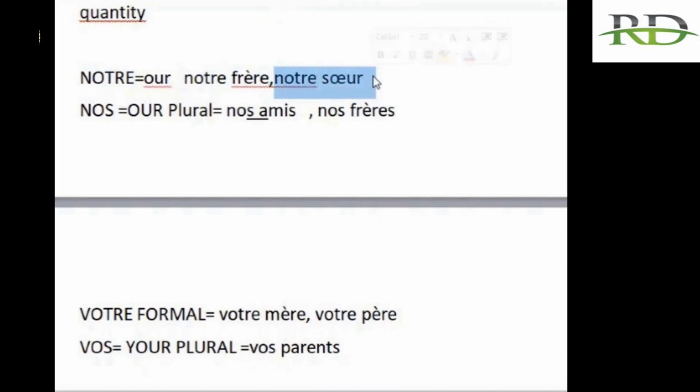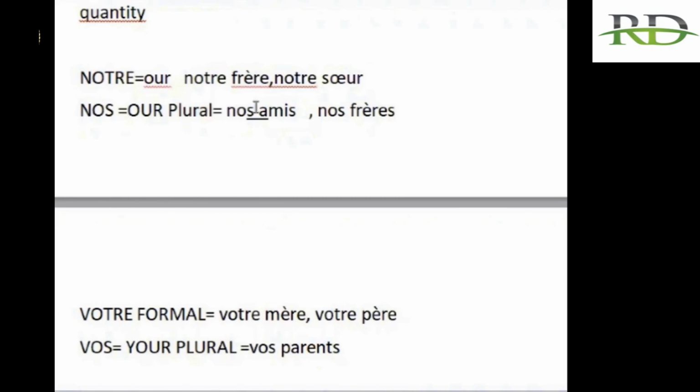Why? Because they both are singular. Now, if you want to say hamare dost, ya hamare bhai, like lots of brothers, then you're going to say nos amis, our friends, nos frères, our brothers. So here the quantity is changed. Is that clear? Here you're not going to see the gender if you're using these. Here you're only going to be concerned about the quantity.